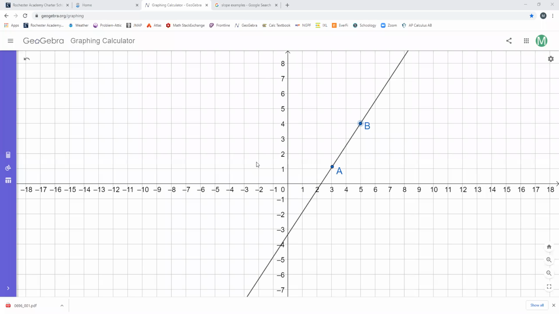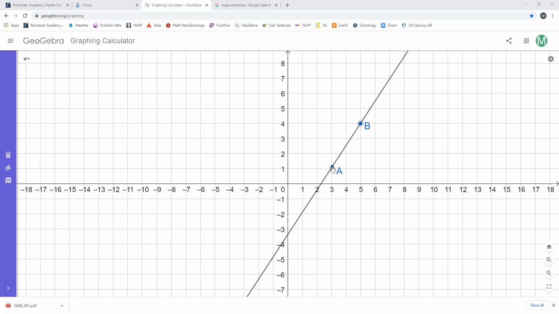Let's take a look at my GeoGebra screen, and we'll see some lines that I can play around with. So here's an example of a line, and I've got points A and B, and then I've got the line connecting them and extending in both directions forever. So we can talk about how steep this line is.